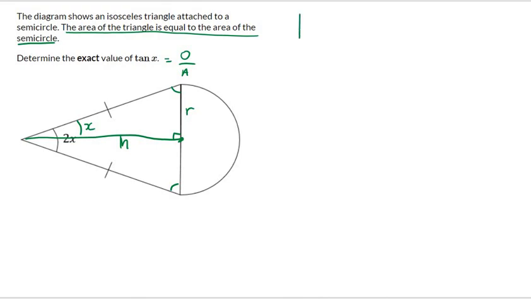Let's go with the semicircle first. To get the area, we're going to do a half pi r squared. And the area of the triangle is going to be a half times the base, which is 2r, times this mystery height we don't know.